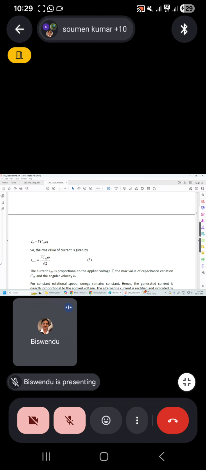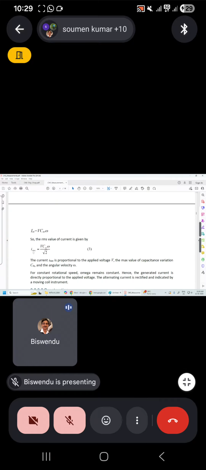If this rotation is kept constant, then Irms is V Cm omega by root 2, which depends on the voltage I am going to measure and all the rest constant. Maximum capacitance is a constant. I will rotate the capacitance with the help of a constant speed motor, and I will get Irms proportional to V.